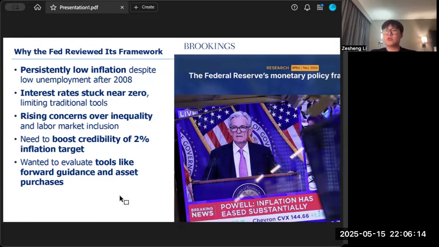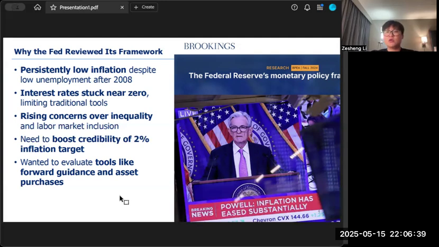This signaled something wasn't working in the traditional policy model. Second, with interest rates near zero for over a decade, the Fed's standard tool, cutting rates, had lost its power. It needed to rethink how to stimulate the economy when rates couldn't go much lower.